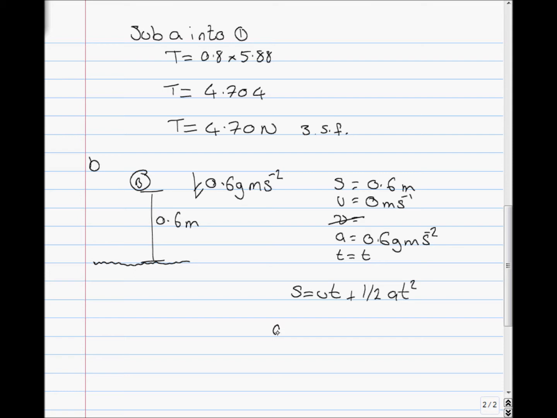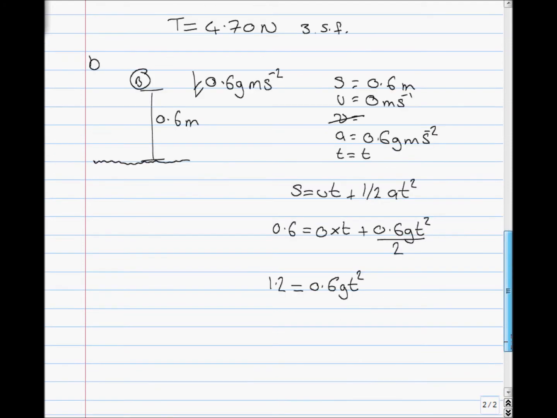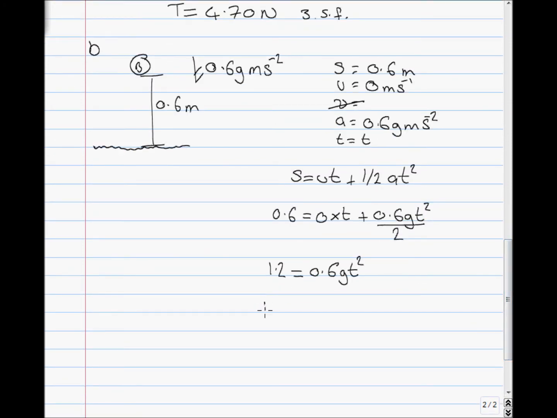Substituting and solving, I've got 0.6 equals 0 times T plus 0.6 g T squared over 2, and so I've got 1.2 equals 0.6 g T squared, so 1.2 over 0.6 g equals T squared.